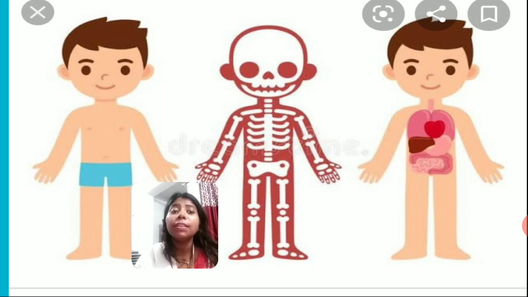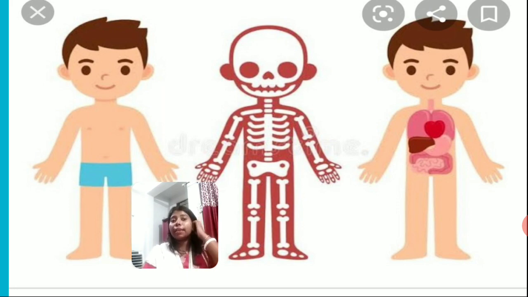Upon these bones we have the muscles. That means our whole body is built on the skeleton, and after the bones we have the muscles.